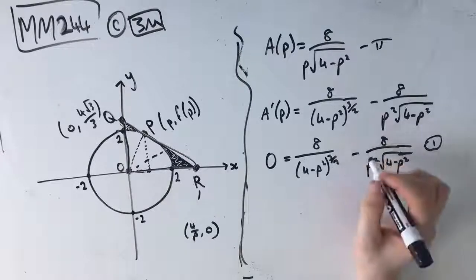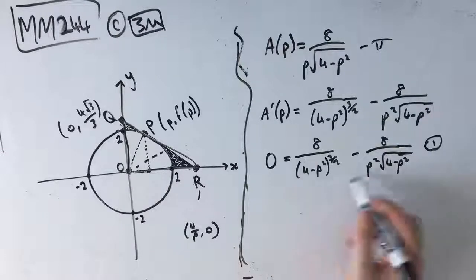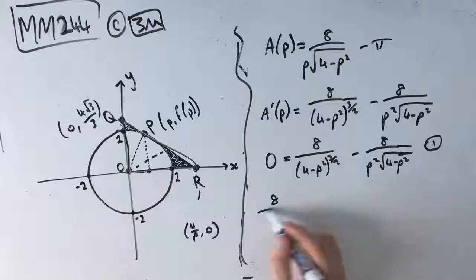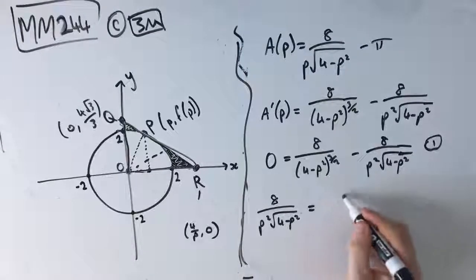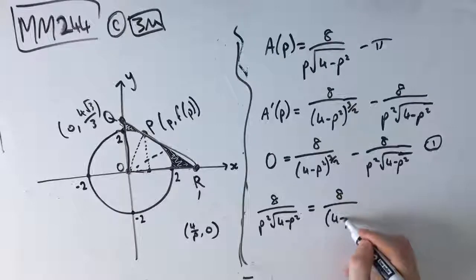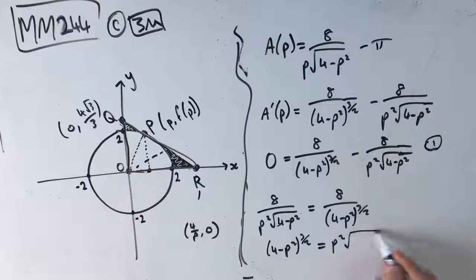Then from here we can rearrange this, adding to the other side, which means we get 8 over p squared root 4 take p squared equals 8 over 4 take p squared to the 3 on 2. Awesome. From here we can cross multiply and cancel out our 8's, which means we get 4 take p squared to the 3 on 2 equals p squared root 4 take p squared.